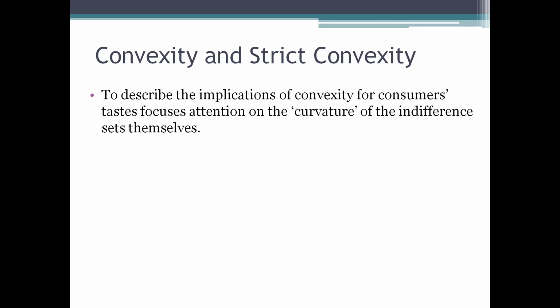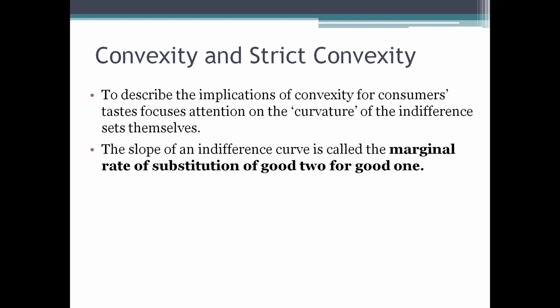So let's put some concepts that we have heard about a lot since the first year of university. What is the scope of an indifference curve? An indifference curve is a smooth curve that shows me the trade-off.